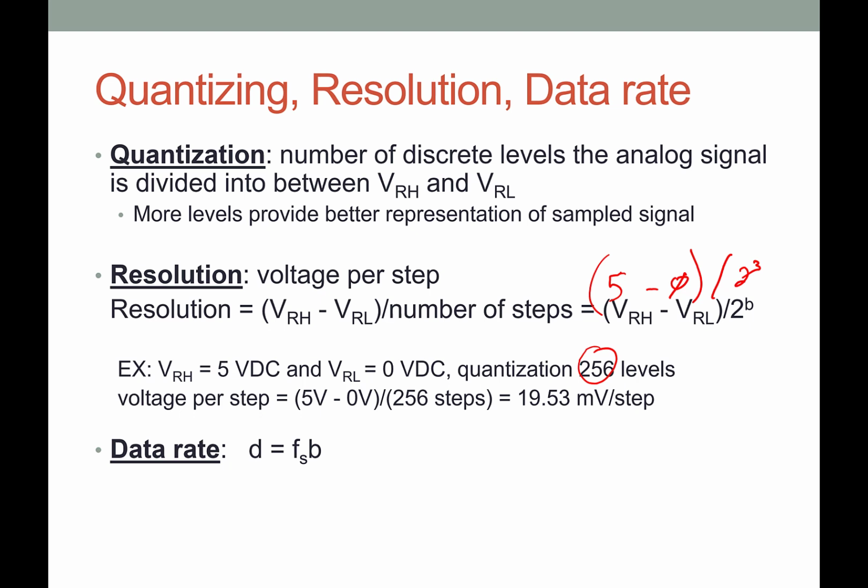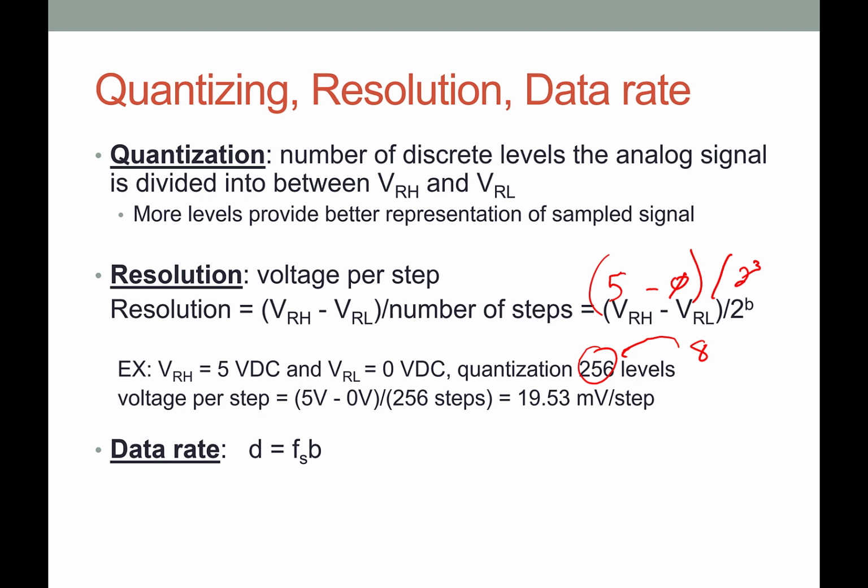Well, 3 bits is 8, 4 bits is 16, 5 bits is 32, 6 bits is 64, 7 bits is 128, and 8 bits, which is what I knew, is 256. So you would have to have 8-bit conversion if you wanted 256 levels.